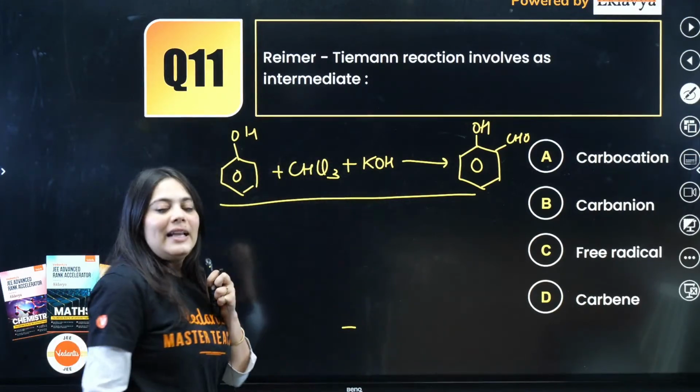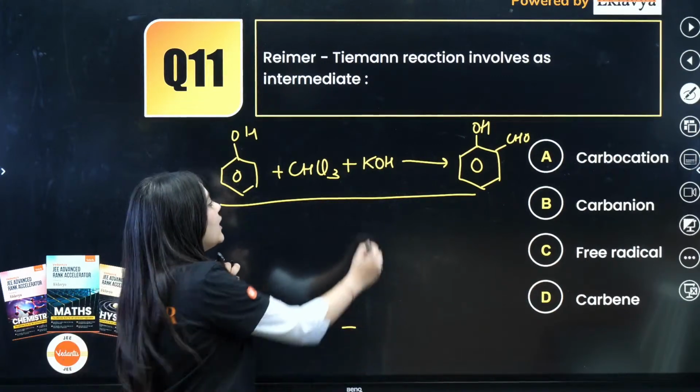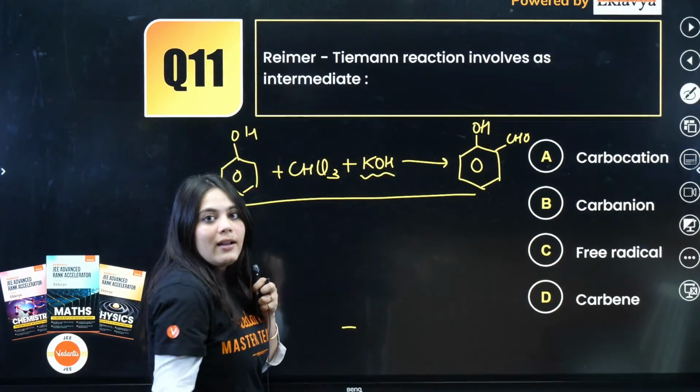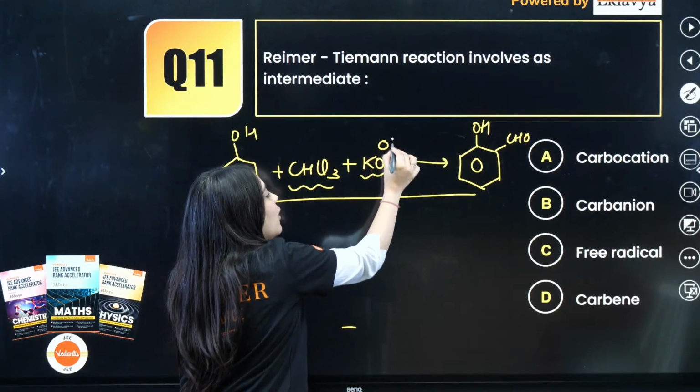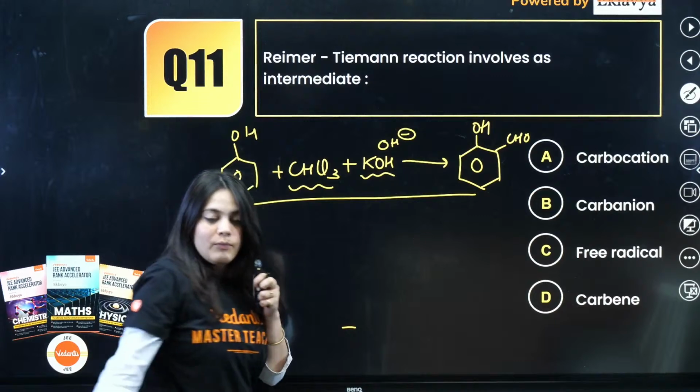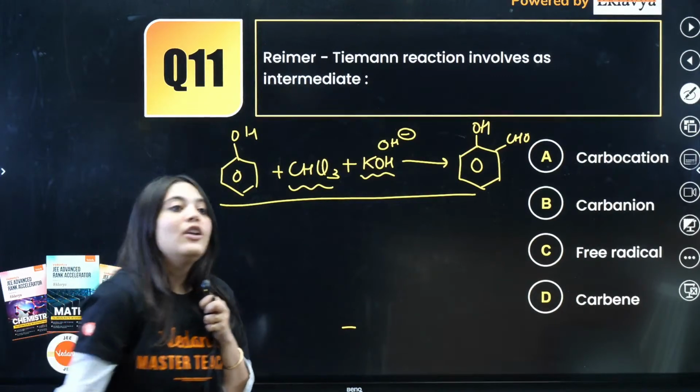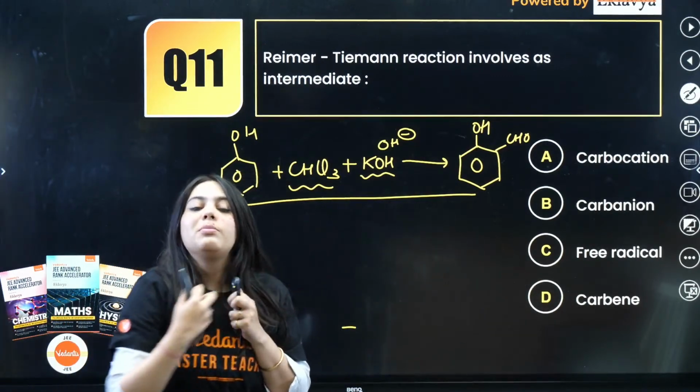Here, what is the intermediate formed? Can you see a base is there, and your chloroform is there. So the base gives out OH negative ion. What is the function of OH negative? To abstract the H plus ion.